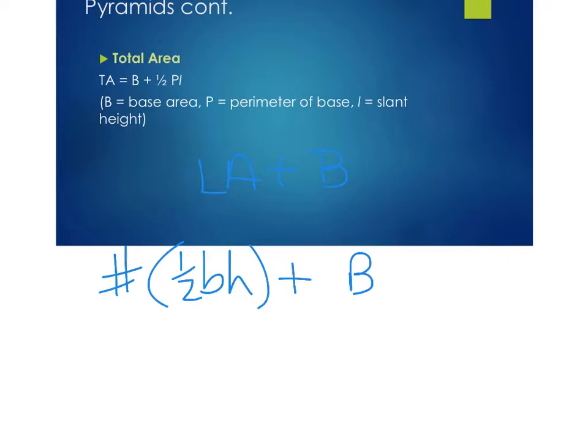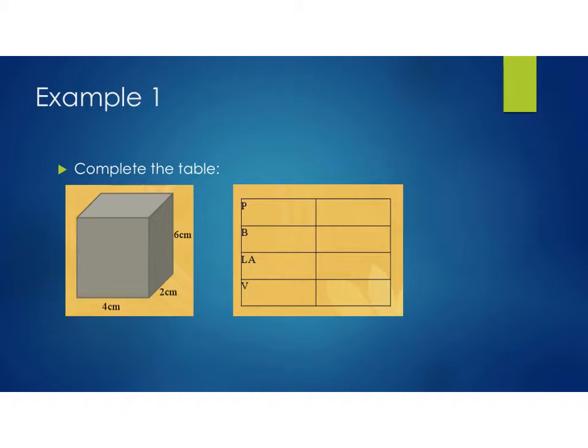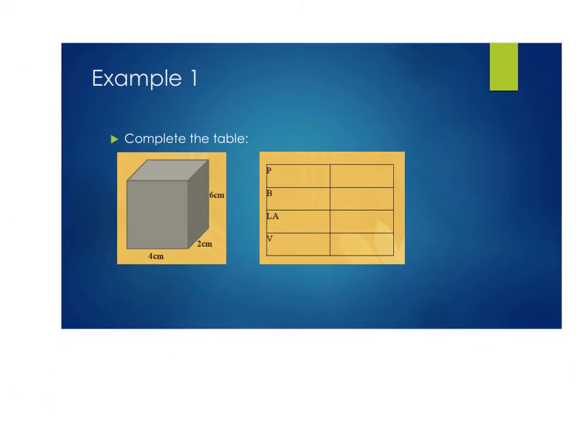And again, the lateral area, LA, can either be found by doing this or doing 1/2 the perimeter times slant height. Either way. And we're going to see some of these examples. So here is our first example.